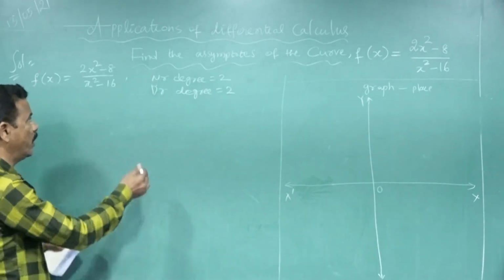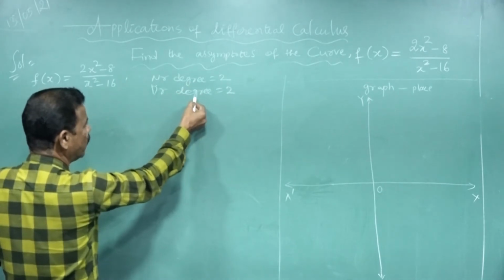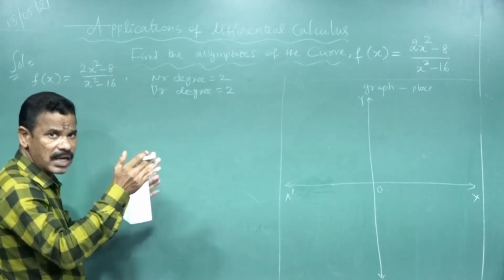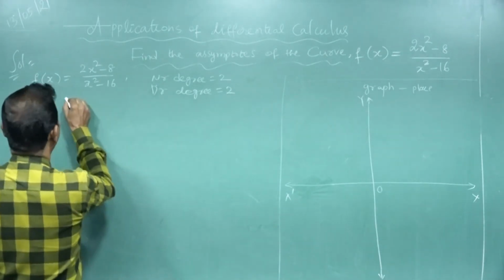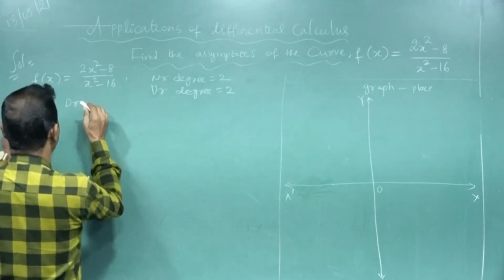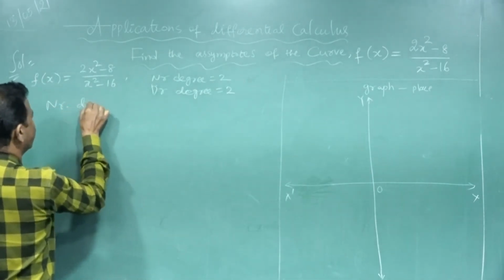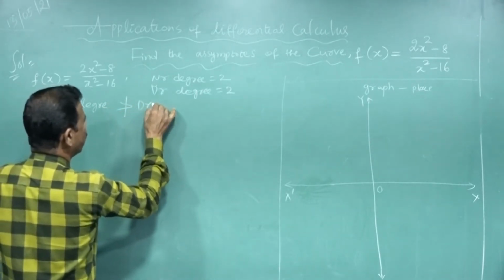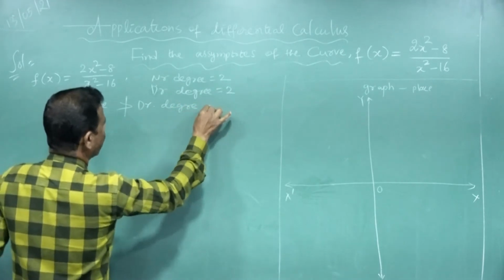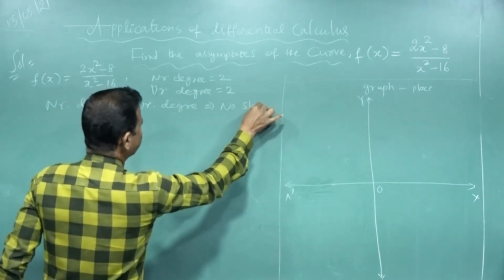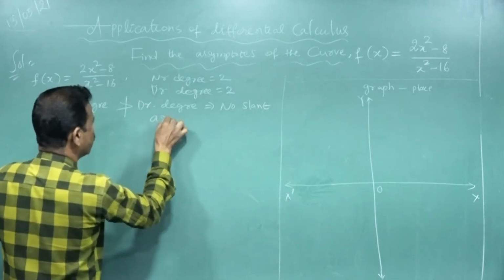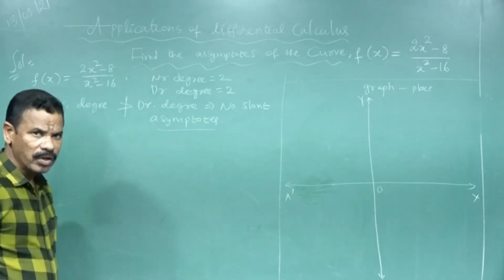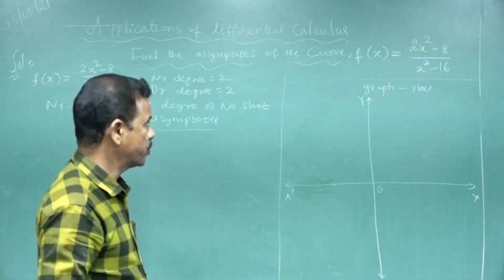That's why the numerator degree is not greater than the denominator degree, so there is no slant asymptote. Okay, clear? There are no slant asymptotes.